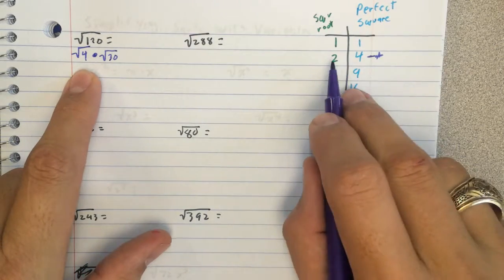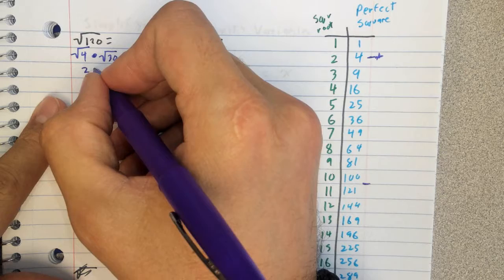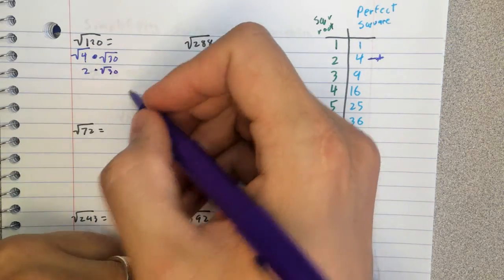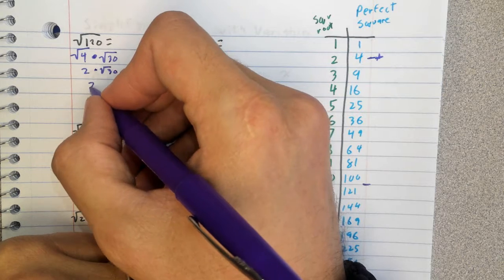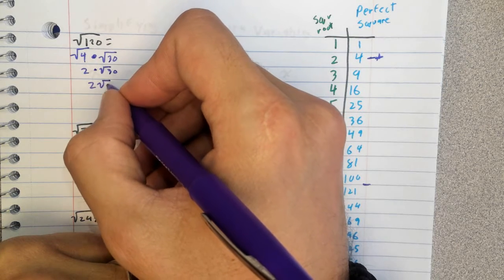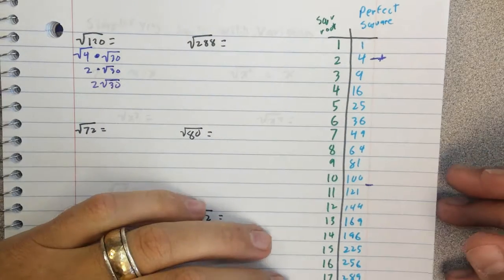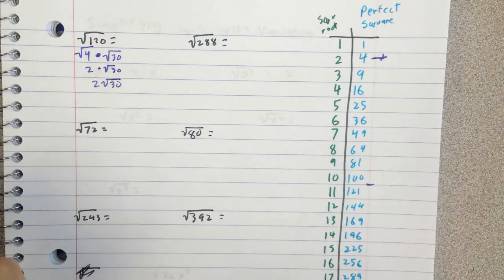Square root of 4 right here is 2. That means the square root of 120, when I simplify it, is 2 square root of 30. I can't simplify it more than that. Let's do the next example.